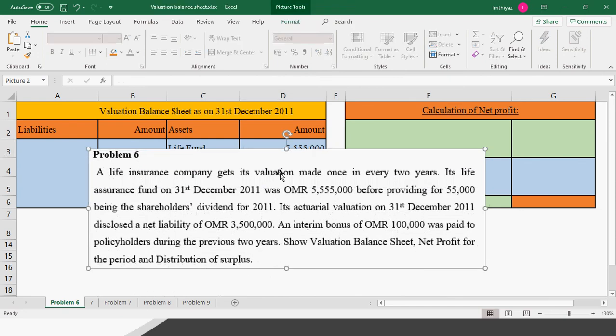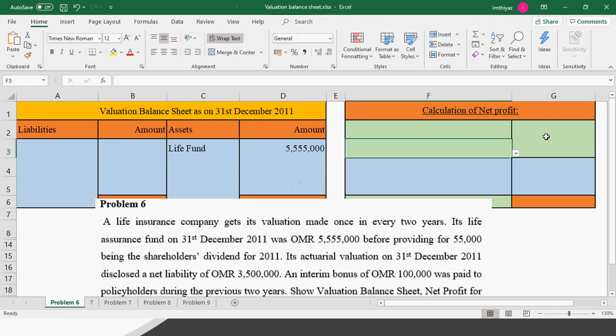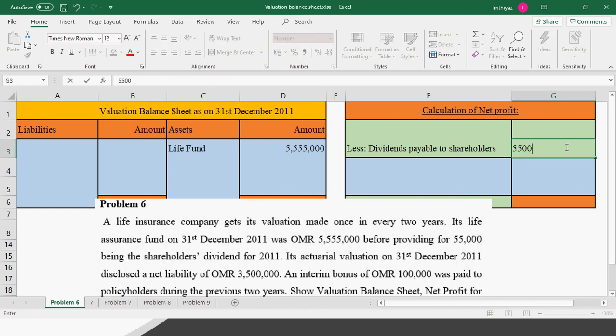Next, before providing 55,000 being shareholders dividend. So shareholders dividend has to be reduced while calculating net profit. So any dividend payable has to be reduced and this amount has to be taken as 55,000.